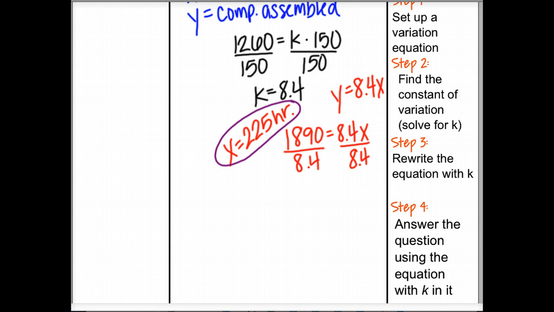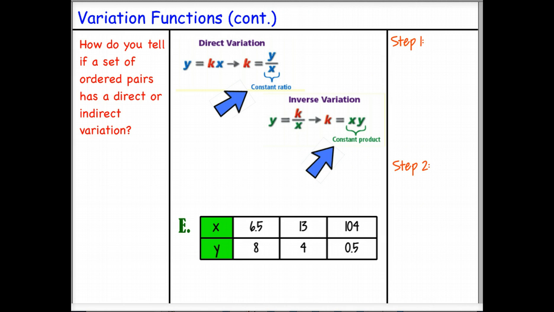This last piece is taking a look at how we tell if a set of ordered pairs is a direct or inverse variation. When we look here at direct variation of our y equals kx, this means if we solve for k like we've been doing, we get y over x, which should look familiar because this is a constant ratio.